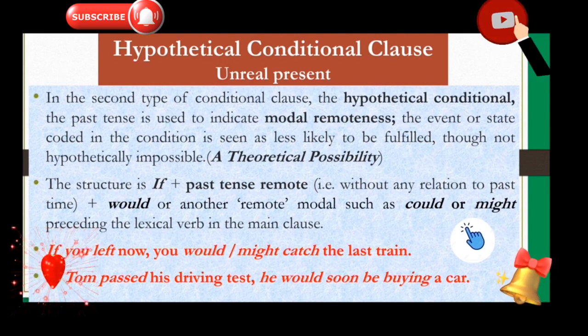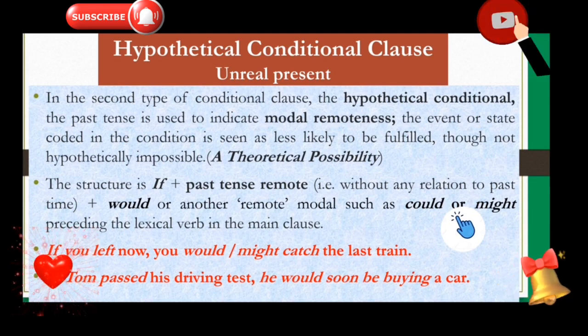So when I say that if Tom passed his driving test, did Tom pass the driving test now? Not at all. He doesn't have a driving license. So he would soon be buying a new car. Is he buying a new car now? Not at all. We can just imagine that if Tom passed his driving test, he would soon be buying a car. We can just imagine this situation. Let's proceed.